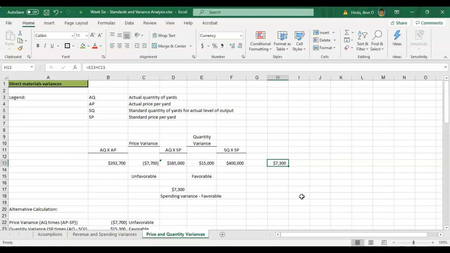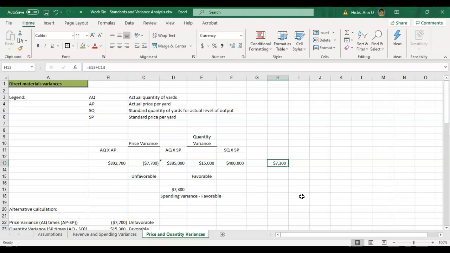The amount that actually goes into production is most likely determined by the production manager. That's why it's so critical that we are able to break them out so that we can go to the appropriate department or individual to ask the whys.